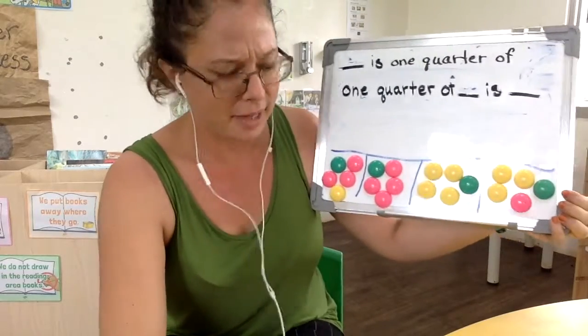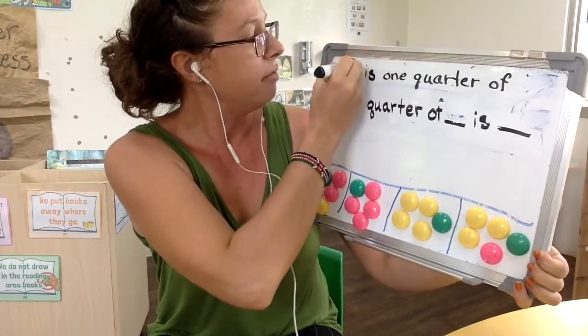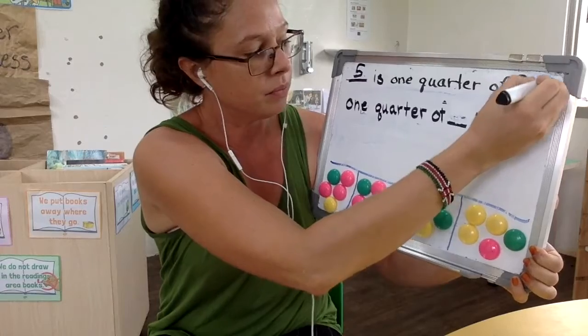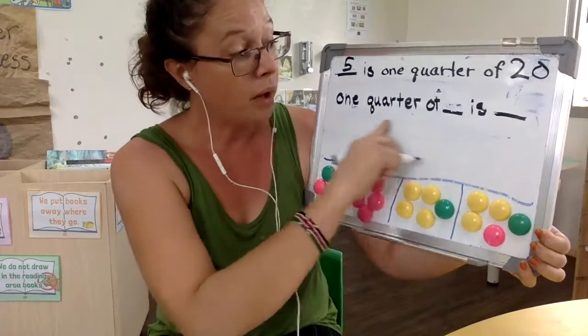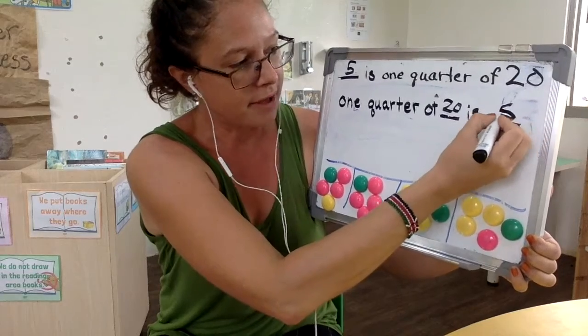Misplaced my blue pen, that's all right. So 5 is 1/4 of 20, or 1/4 of 20 is 5.